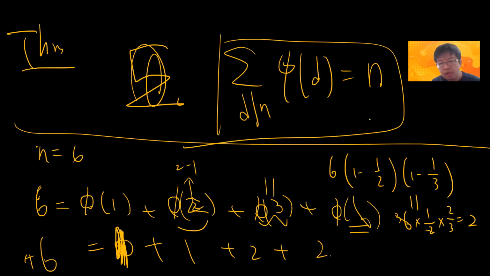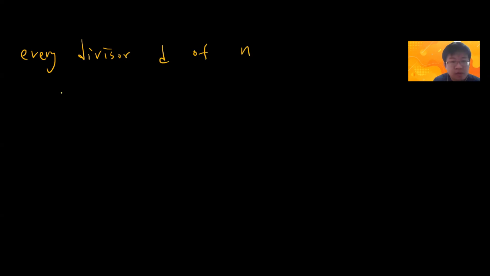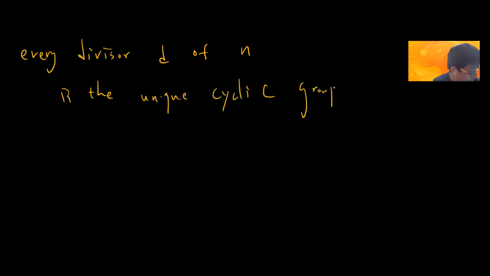The reason is that every divisor d of n gives a unique cyclic subgroup of G. Remember that G is just Zn.